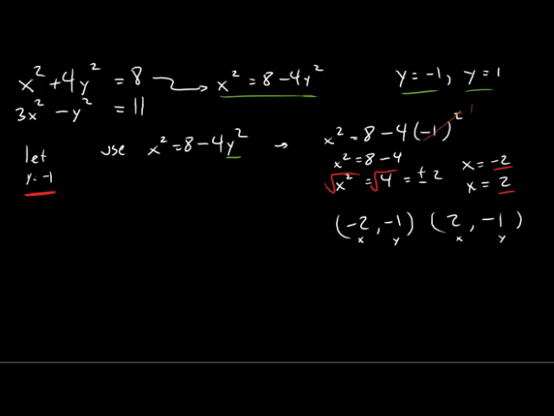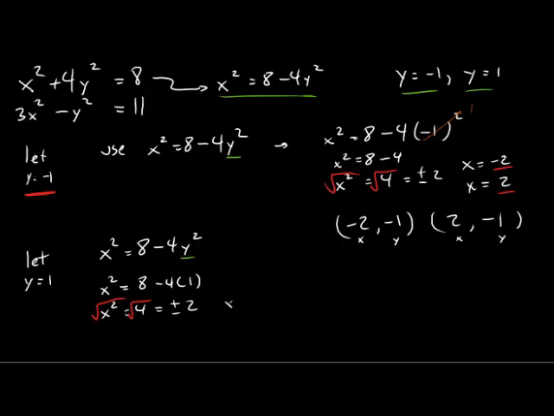We can repeat this process for y equals positive 1, which was our other y solution. Once again, we'll say x squared is equal to 8 minus 4y squared, and we replace that y with a 1. We'll now have x squared equals 8 minus 4 times 1. If we do that math, we'll end up with x squared equals 4, and when we take the square root on both sides, we'll end up with x equals plus or minus 2 again.